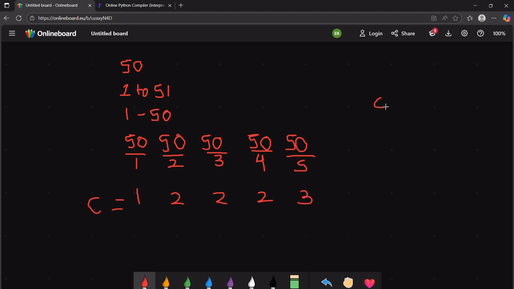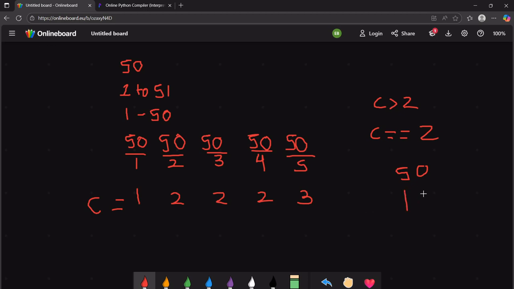Here count is greater than 2. For a number to be prime, count should be equal to 2. Then only it is a prime number. So 50 is not a prime number because count is exceeding 2; more than 2 numbers are dividing 50.